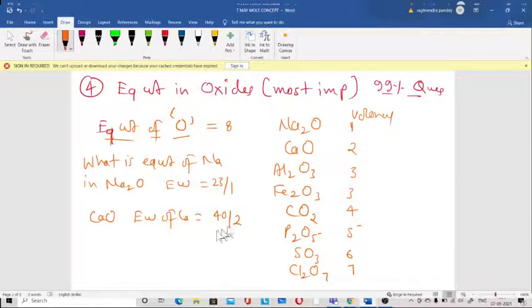Similarly, you can take aluminium, Al2O3. The equivalent weight of aluminium is 27 by 3, where 27 is the atomic weight of aluminium. Got it? Everybody is getting this one? Yes or no?